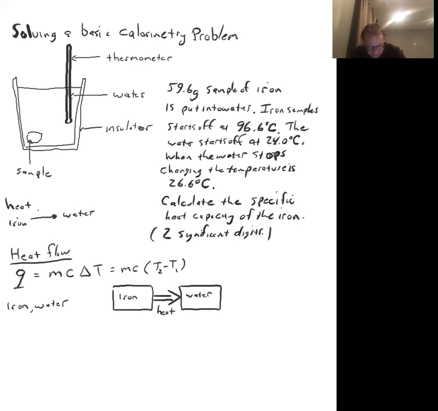The way we deal with it is we write mc delta T for both of them. But since the heat that's coming out of the iron should be the same as the heat that's going into the water. Think about it this way, right? This thing is like giving off heat into the water. The water is what's going to get hotter. So these two heats are equal to each other. So I'm going to label it this way. Heat of the iron is equal to heat of the water with one issue. The sign is different.